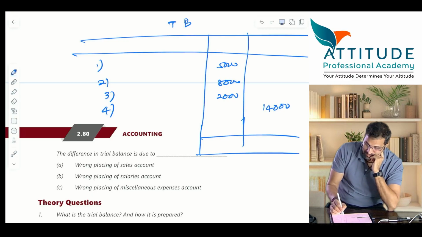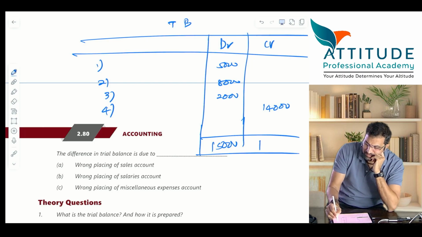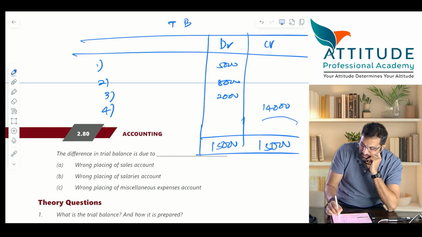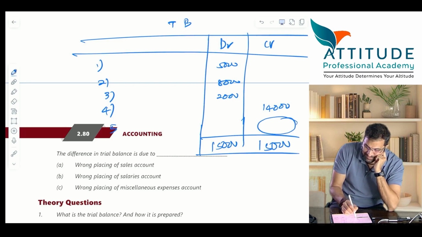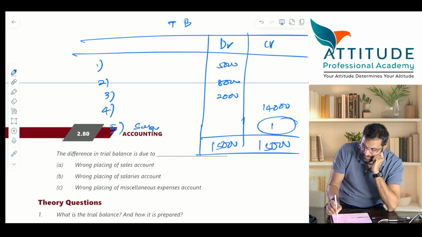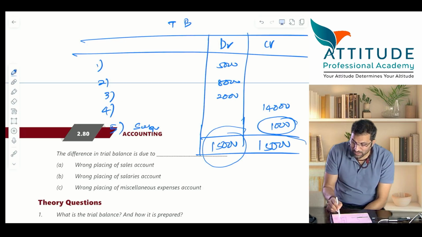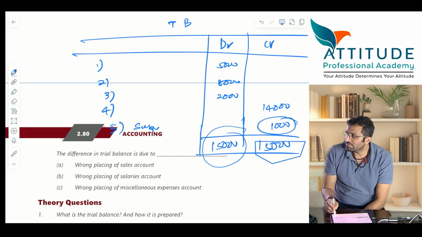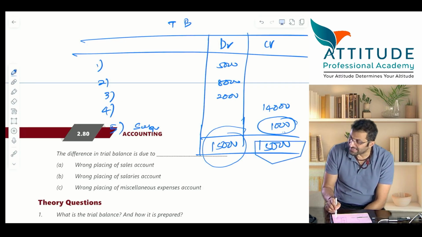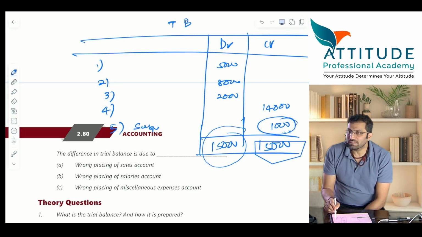Answer. Debit side is 15. Credit side भी 15 ही होना चाहिए ना, मगर credit side है कितना है? 14. तो आप क्या करोगे? Fifth item you'll put it as what? Suspense. How much? 1000. Now here debit is more than what? Credit.